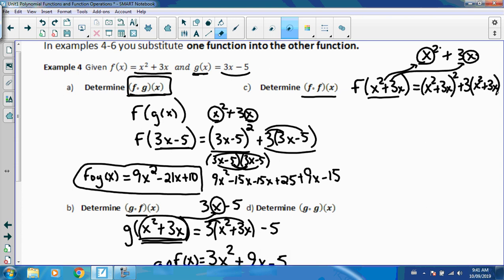And then we just do a bit of algebra to clean that up. So again, I have a binomial that I'm squaring. X squared plus 3x times x squared plus 3x plus this bit. So if I FOIL this, I'm going to get x to the power 4 plus these guys.